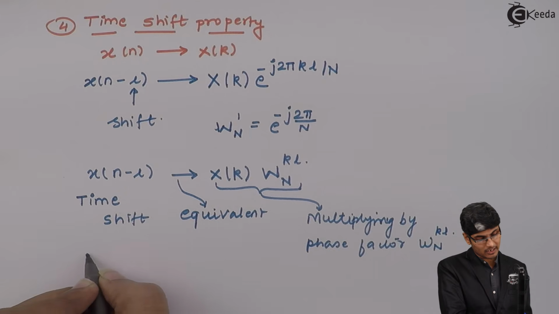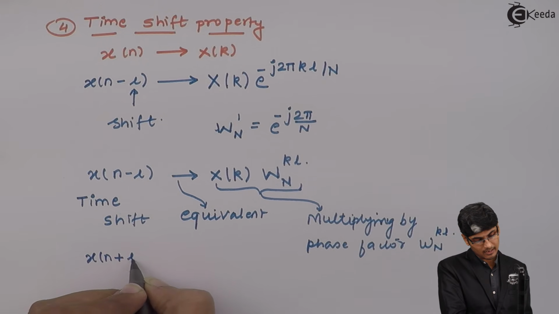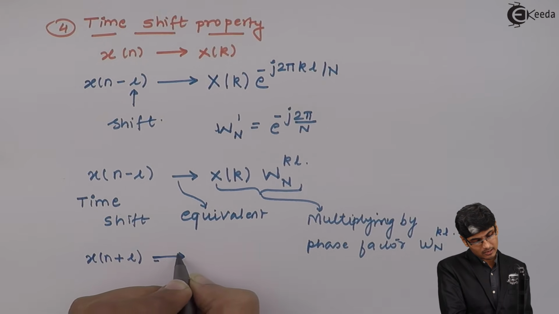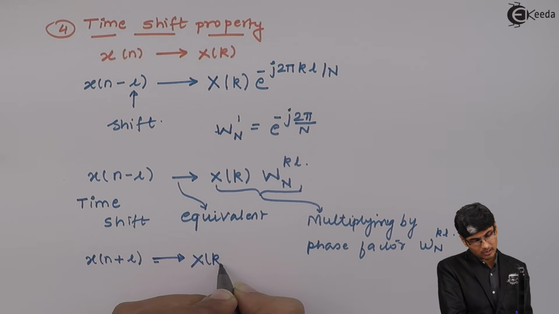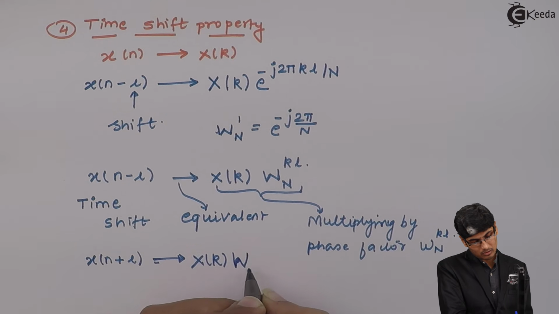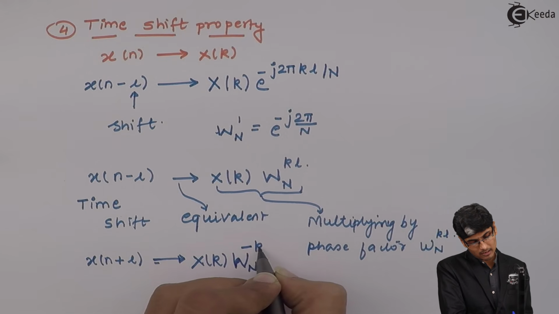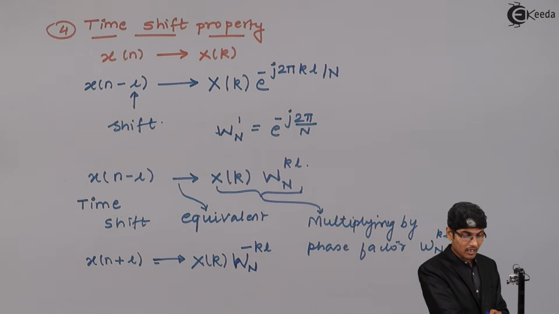We can extend the idea to x of n plus L. Its DFT will be X of k W N raised to minus kL. Why am I saying this?